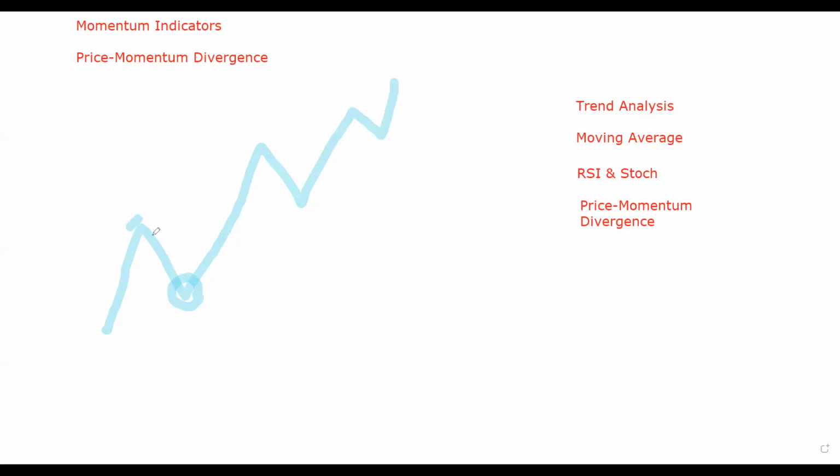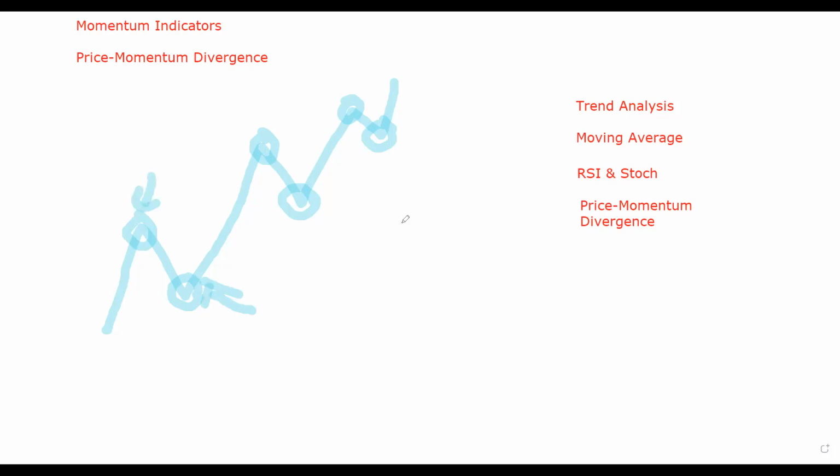I call them joints, so to speak, or support and resistance. Those are the points where a bullish trend turns bearish, a bearish turns bullish, and so on and so forth. Now, there are some technical signals that traders use to identify the end of these joints.